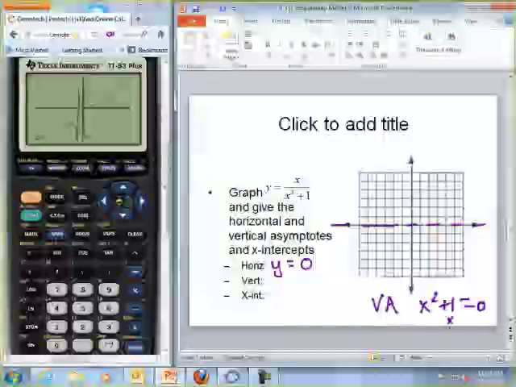Subtract 1 from both sides and take a square root. And I get an imaginary, and I can't draw imaginary lines, so I don't have any of those. X-intercepts are found by setting the top equal to 0, which just gives x equals 0.